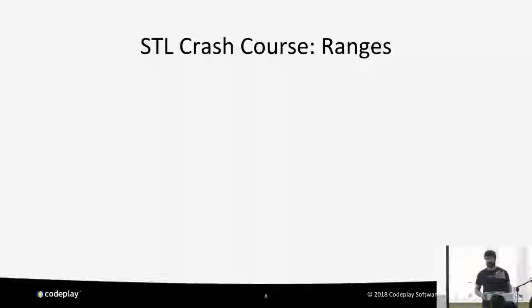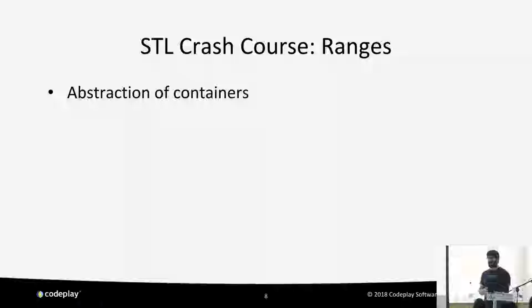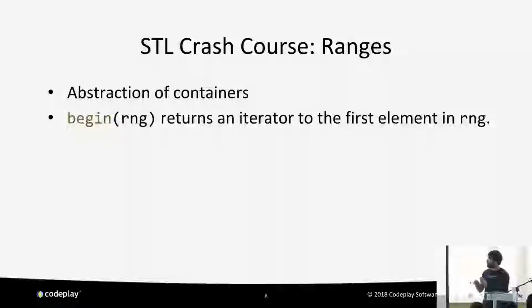Okay, so ranges are something that have been in C++ in terms of notionally for a very long time, but they are coming to C++20 in a much more formal definition. So they're an abstraction of containers that allow for uniform access, similar to how iterators are a uniform way of abstracting over addressing particular elements. There's two main operations that we care about.